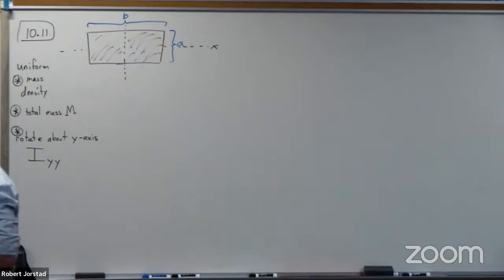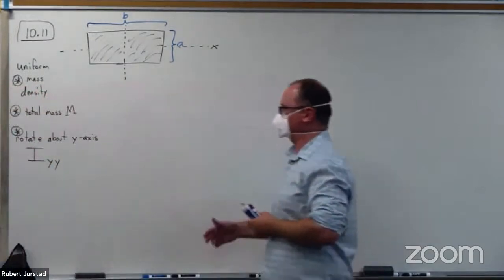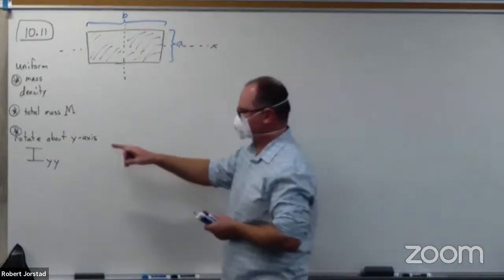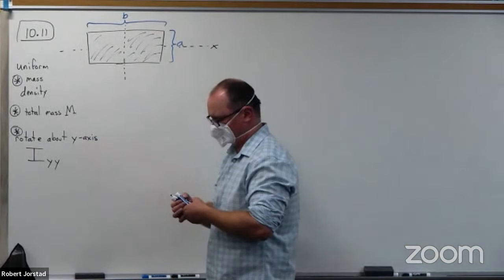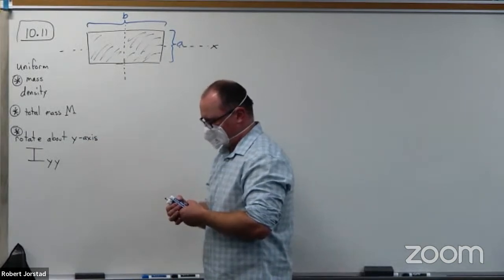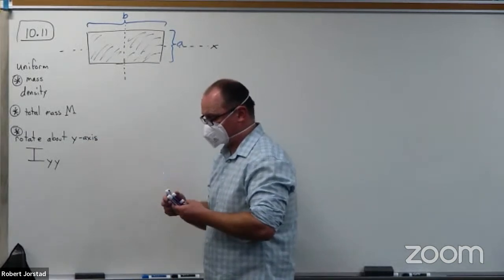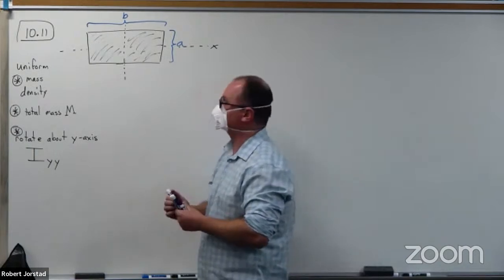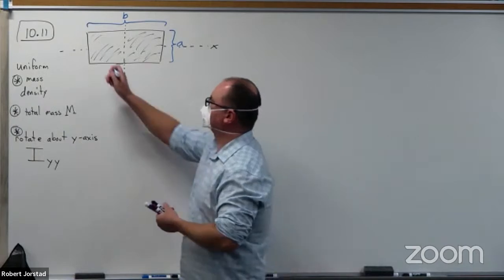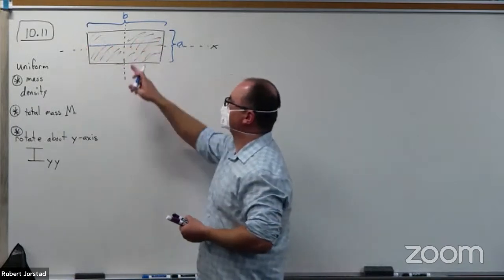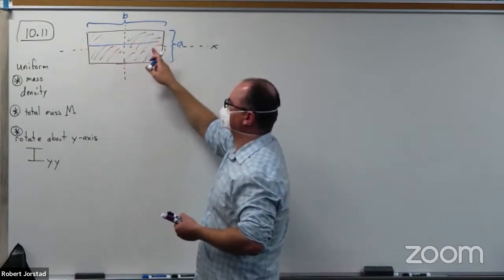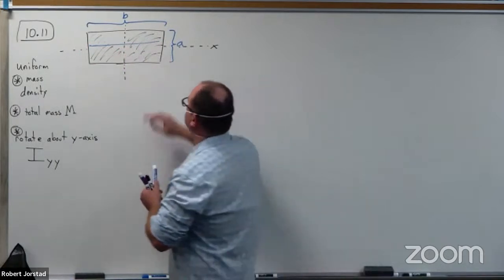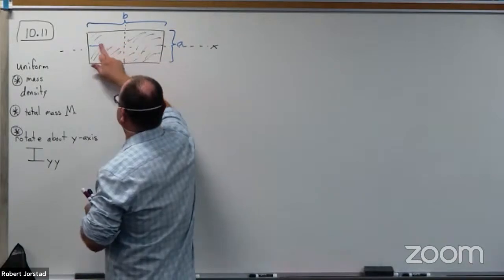Okay. Do I want to use a horizontal slice or a vertical slice for this problem? I want to rotate about the y-axis. I need every point in the slice to be equidistant from the axis. Is that going to happen with horizontal or vertical? If I slice it horizontal, is every point in that slice the same distance from the y-axis? Nope. It's exactly the opposite of center of mass.